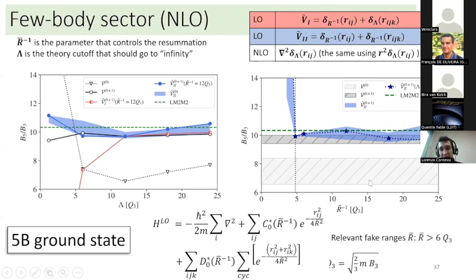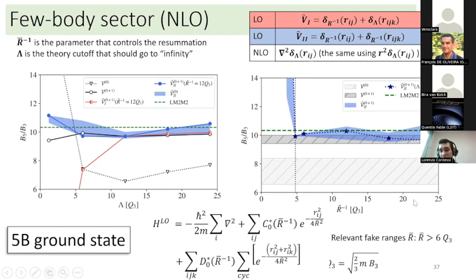Now, this light band here is the standard effective field theory, so the contact effective field theory at leading order plus the truncation error of the theory. This is the leading order. This is the next-to-leading order. You see how this improves. The green line is the experimental value, or what we take as an experimental value. And we fit our theory on it, and you see how much this improves. So this goes from here to here, and the error also becomes smaller.